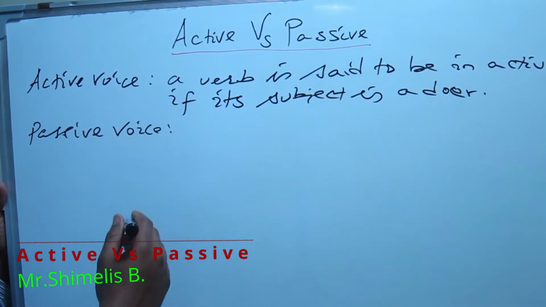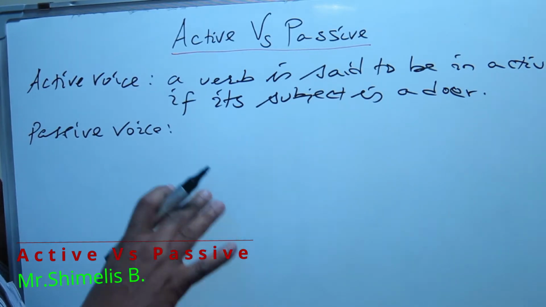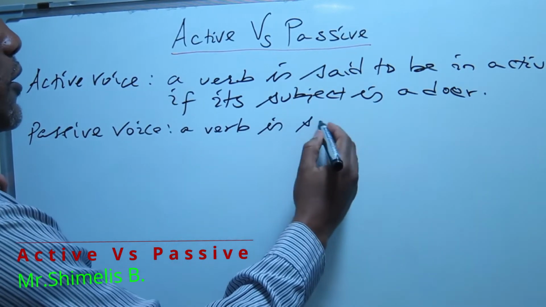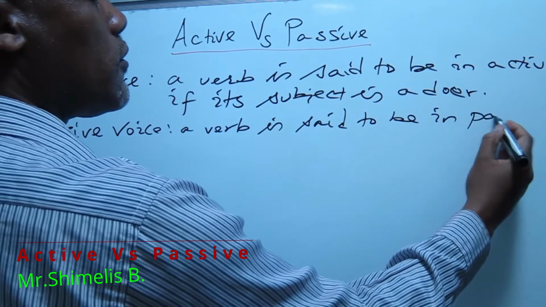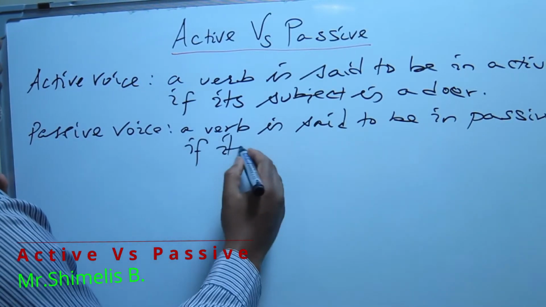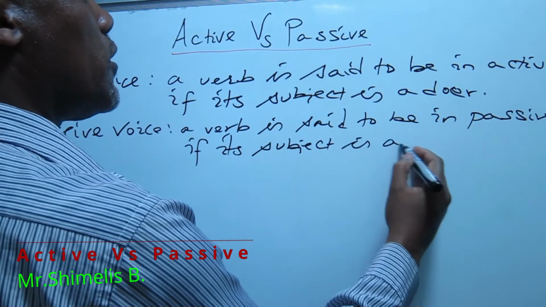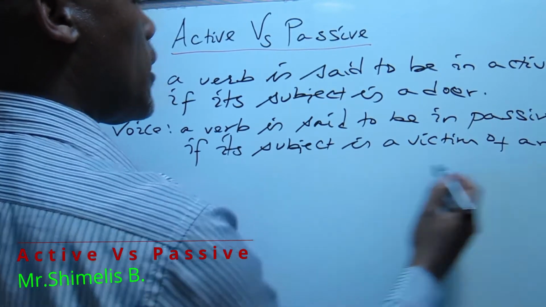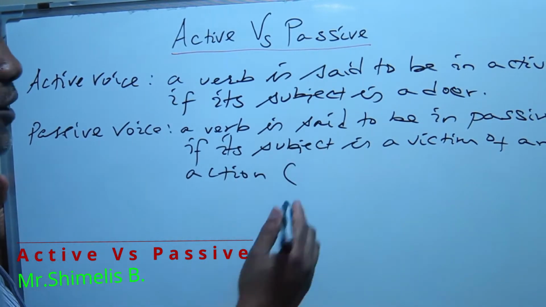A sentence is said to be in passive voice if its subject receives an action, or if its subject is the victim of an action. A verb is said to be in passive if its subject is a victim of the action, or if the subject is a receiver.